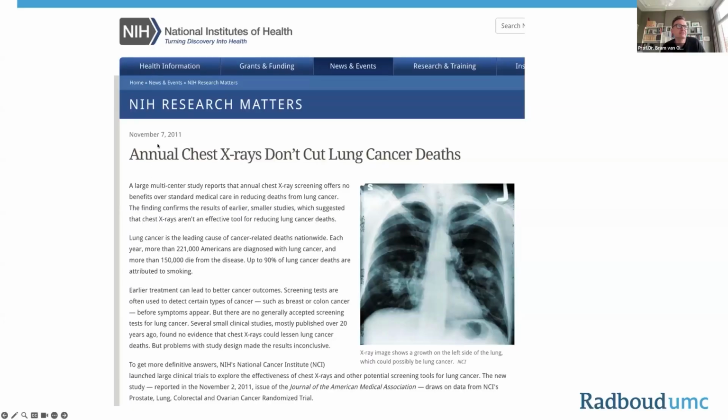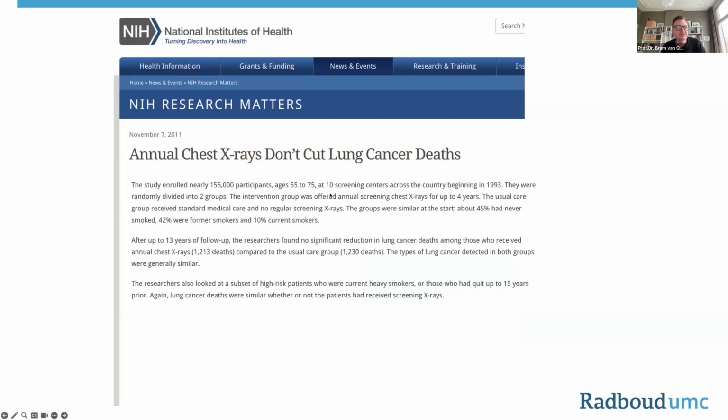As a result, the guidelines, this is a guideline from the NIH, really advise against using chest X-rays because it doesn't work for lung cancer screening. This has been analyzed in a very large study published in 2011. And they found that chest X-ray screening simply did not lead to lower death for lung cancer.